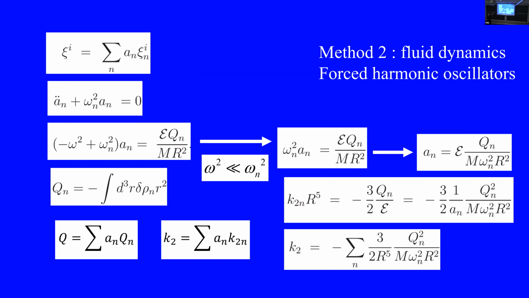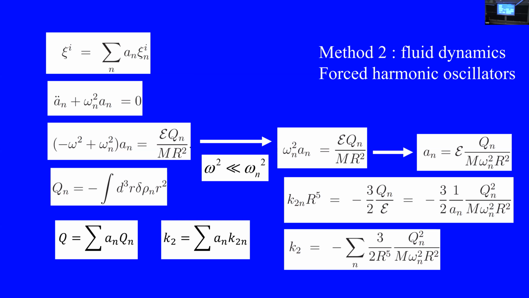There are explicit expressions for all the quantities, and recall that we are looking at the static limit. So omega is much less than omega n, where omega n are the normal frequencies. I can repeat this calculation and get a value for K2, which, as you can see already, is closely related to the quantity that I calculated. It has the same structure.